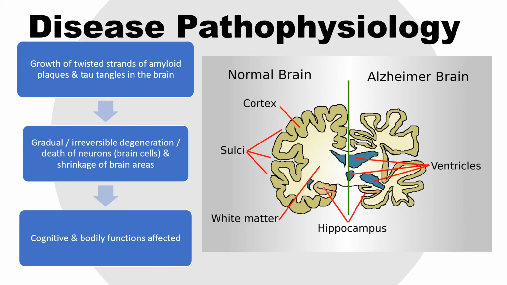And because of that, it leads to a gradual and irreversible degeneration or even death of the neurons or the brain cells. The presence of these two proteins, or in their twisted forms, can also lead to the shrinkage of our brain areas. This ultimately leads to cognitive impairment or other bodily functions being affected.